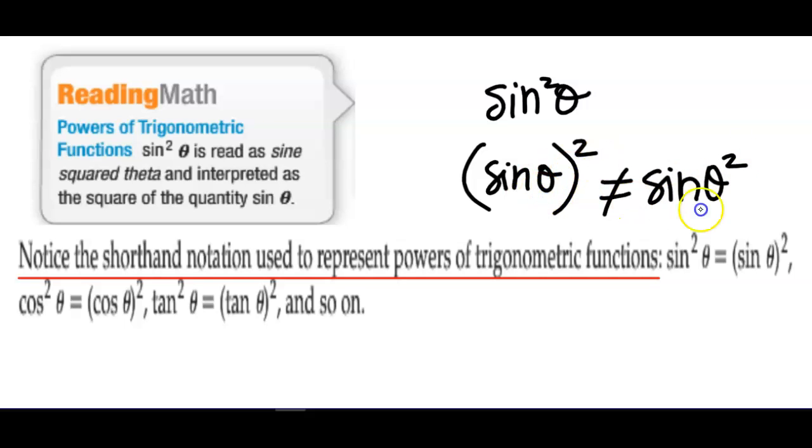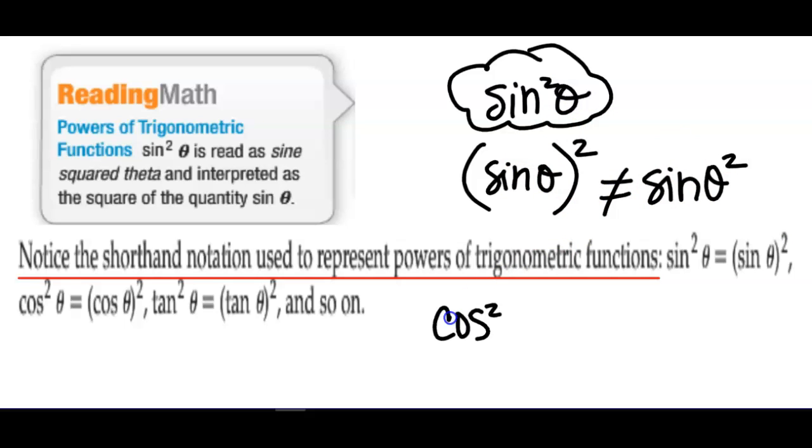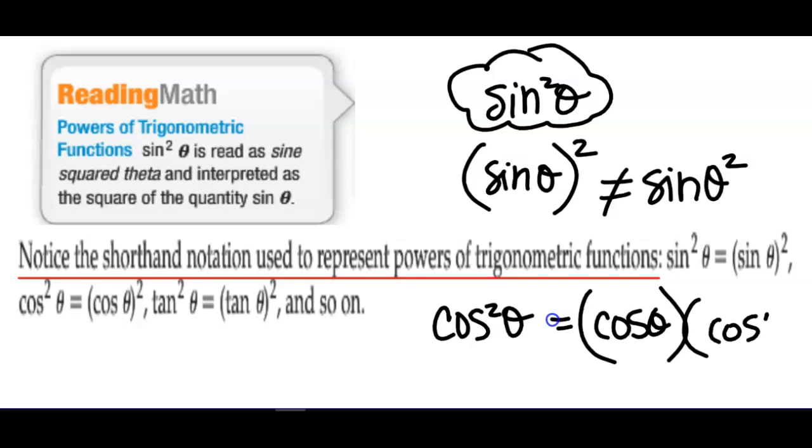So rather than write the parentheses, some genius decided we'll just put the squared on the function, okay? But you have to be really careful that it is the whole function that's squared, and you need to understand that. It's not the angle that's squared. So when we see cosine squared, it really means cosine of the angle times cosine of the angle. All right?